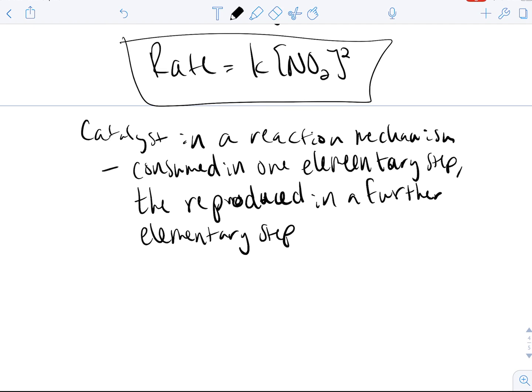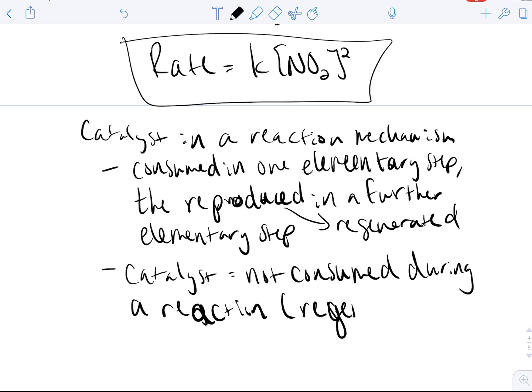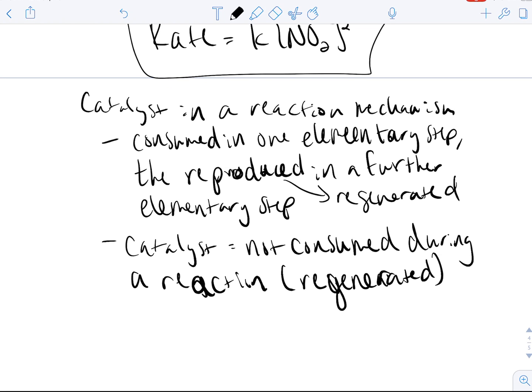So a catalyst is a substance that is not consumed during reaction, but it does speed up the reaction by giving us another path for our reaction to take. Which is why it is reproduced or regenerated. So a lot of catalysts you can actually get back at the end of the reaction. Okay, so we have our catalyst.